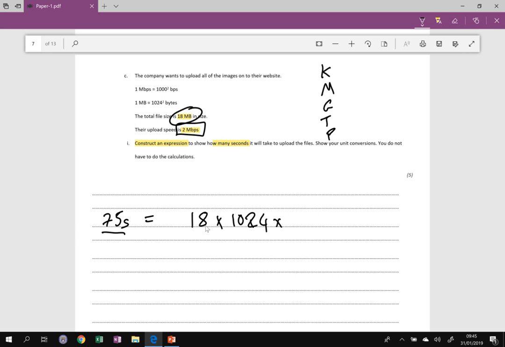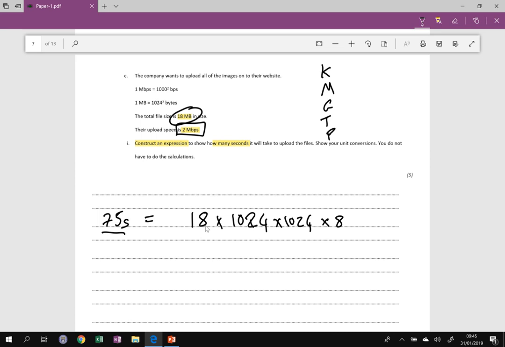We want megabytes, so we're going to times by 1024 again. That gives you the total number of bytes, but we want to work out the total number of bits, and there are 8 bits in every byte. So that means 1 byte is split up into 8 zeros or ones, so it can store a number between 0 and 256. 8 bits in 1 byte.